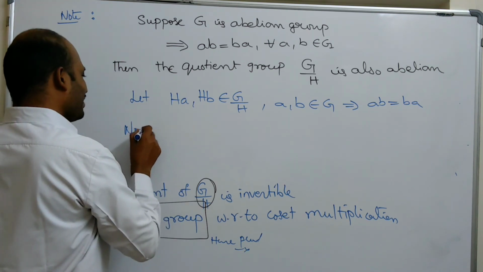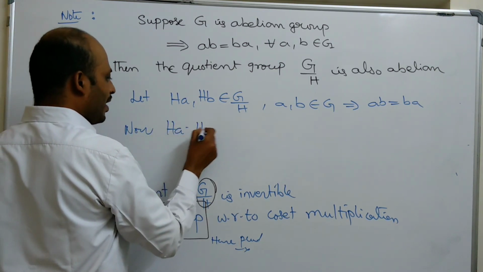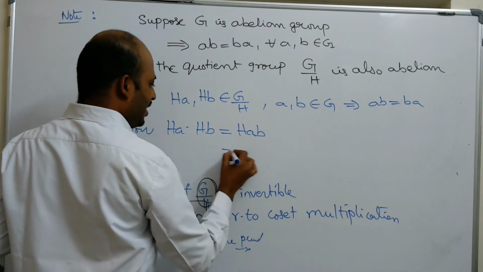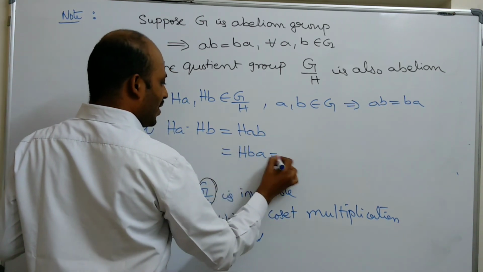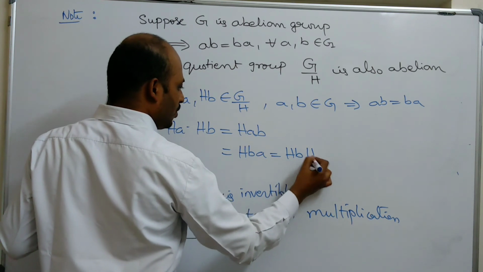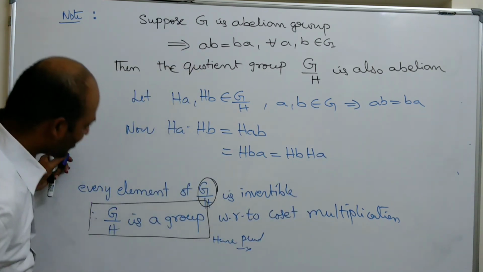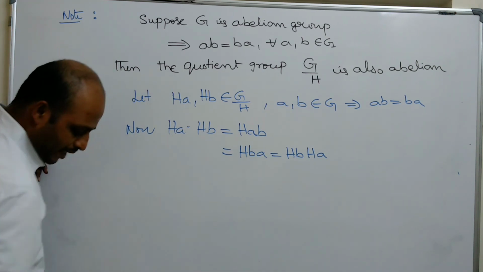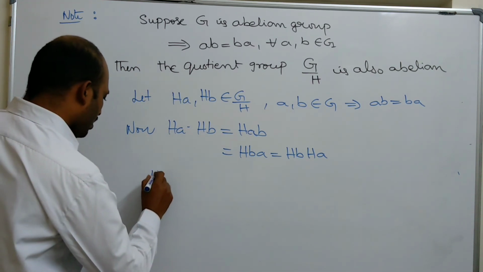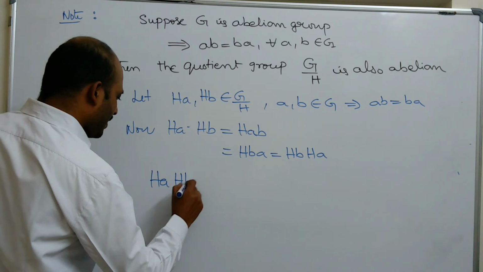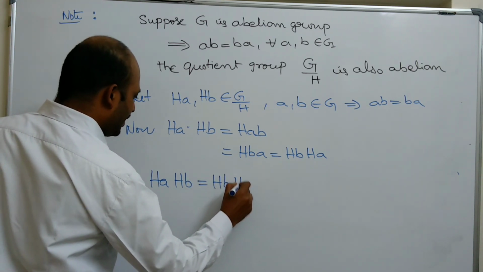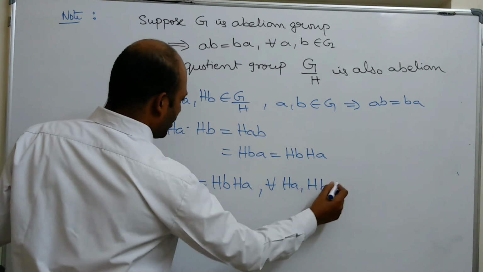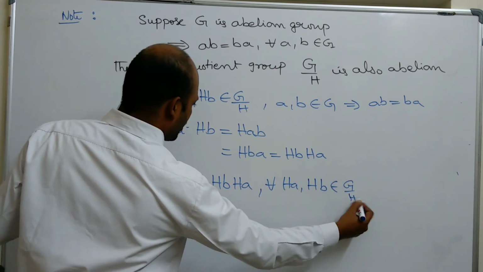Now write the product. Ha into Hb is equal to Hab, which is Hba, which is Hb into Ha. Now Ha into Hb is equal to Hb into Ha for all Ha, Hb belongs to G by H.